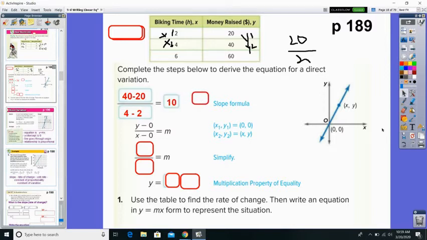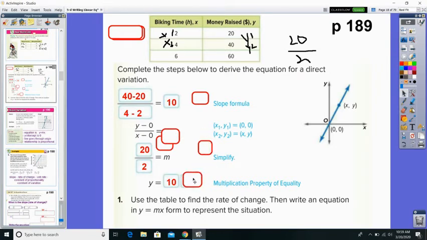So I know that I am making $10, and here's that 20 over 2 again. If I simplify it, I'm making $10 every 1 hour. So my answer here would be $10 over 1 hour.